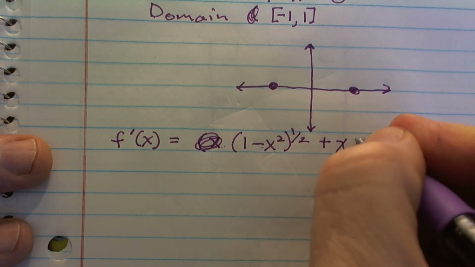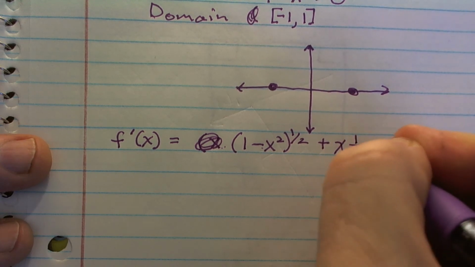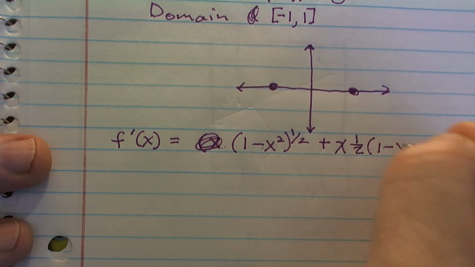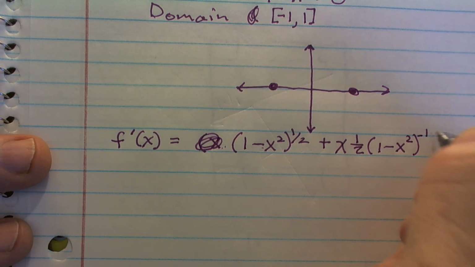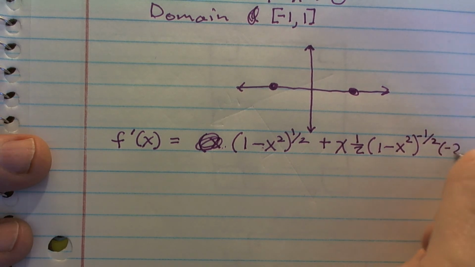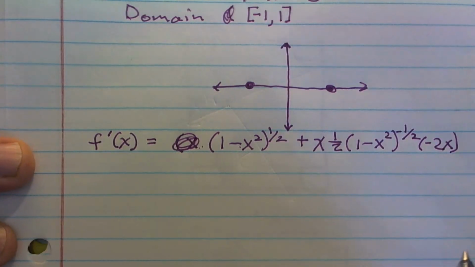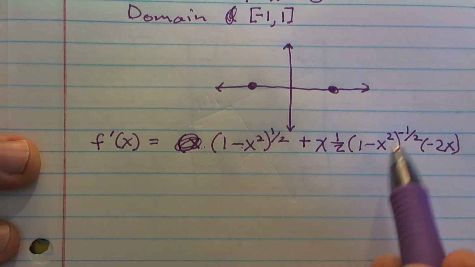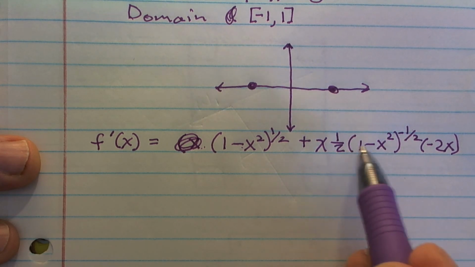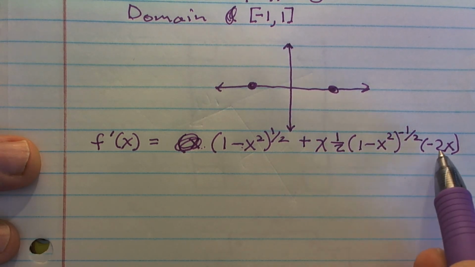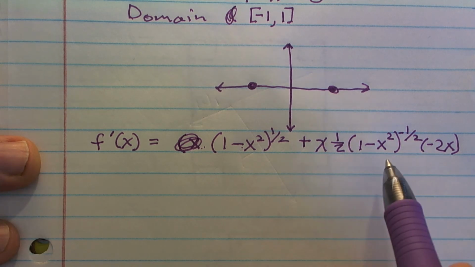Here's the first, so here's the second. I've got 1/2, 1 minus x squared to the negative 1/2 times negative 2x. Okay, using the chain rule, right? I differentiate the outside times the derivative of the inside. There's what we have.